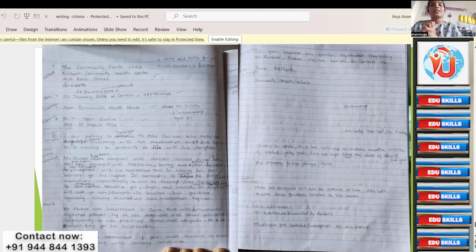Even in an exam, how can I do self correction of my letter? Yes, you can do self correction because we know the criteria, how to write, so you can correct yourself. You can check: have I written the correct address, have I appropriately written the date format, have I written the salutation correctly or not.